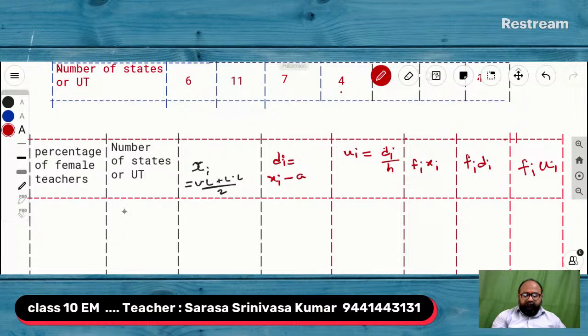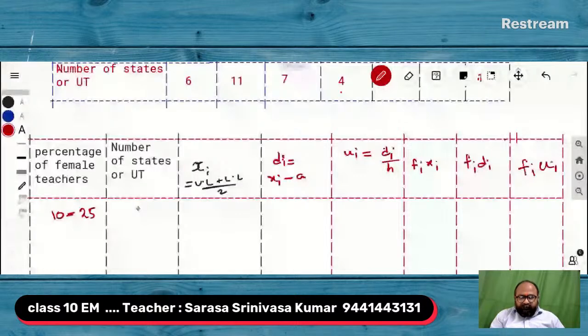The first is 15 to 25. So in this class interval, number of states or union territories is 6.